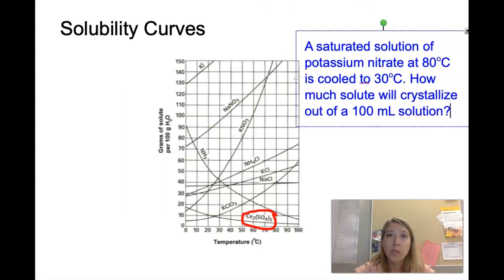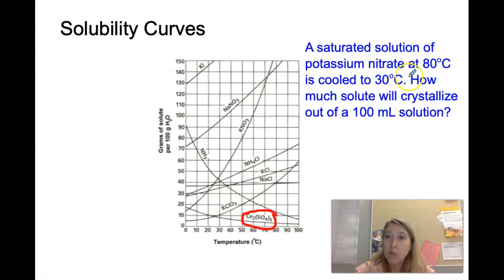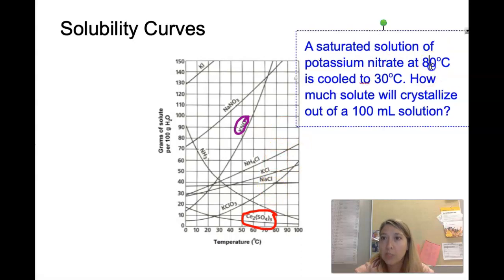So what we need to do is find the potassium nitrate. So here's potassium nitrate, which means this is the curve that I want to be looking at. So 80 degrees, oh, okay, I picked too high a temperature. It goes off the chart at 80 degrees. So let's change that from 80 degrees to 70 degrees so that it's actually on our chart.